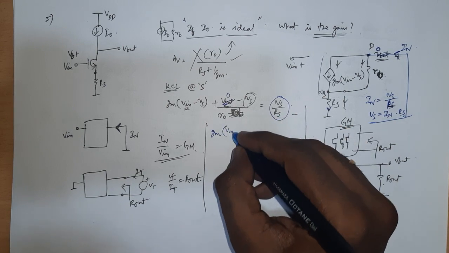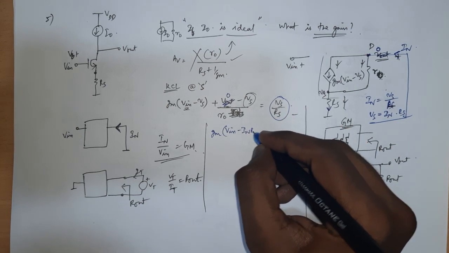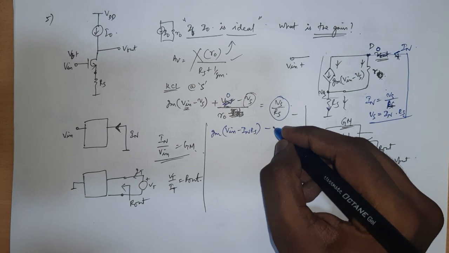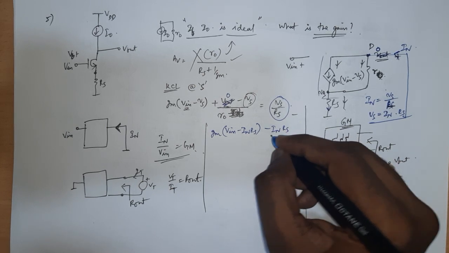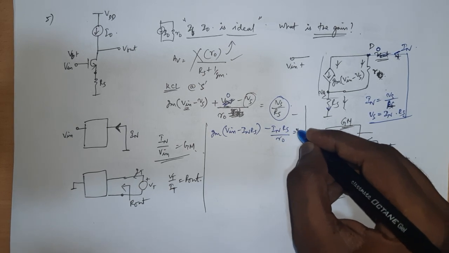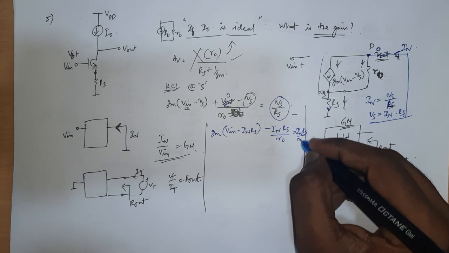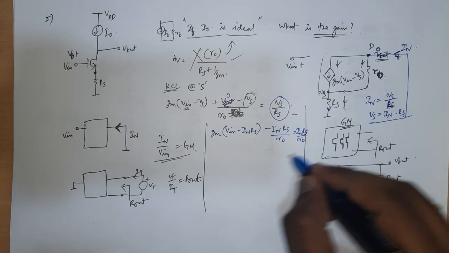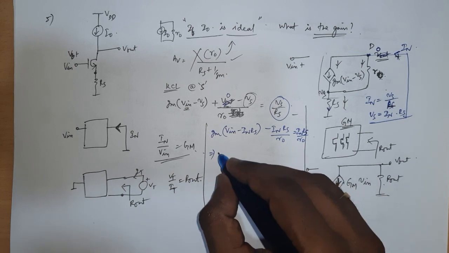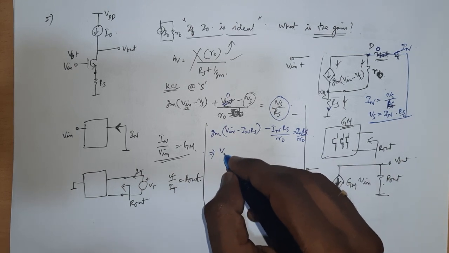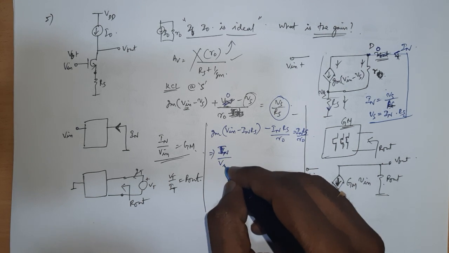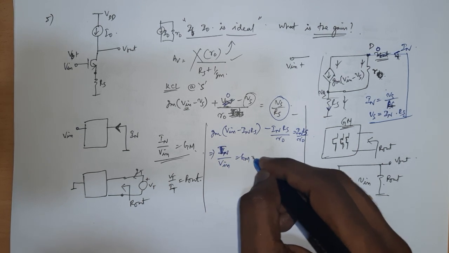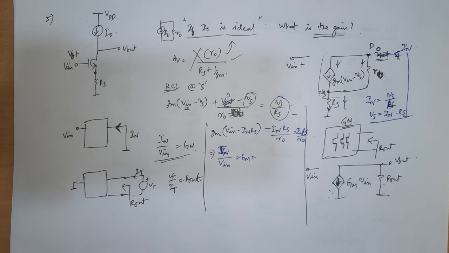So I'll get Gm times Vin minus In Rs minus In Rs by R0 equal to In Rs by R0. From here I just want to find In by Vin, which is equal to my Gm.